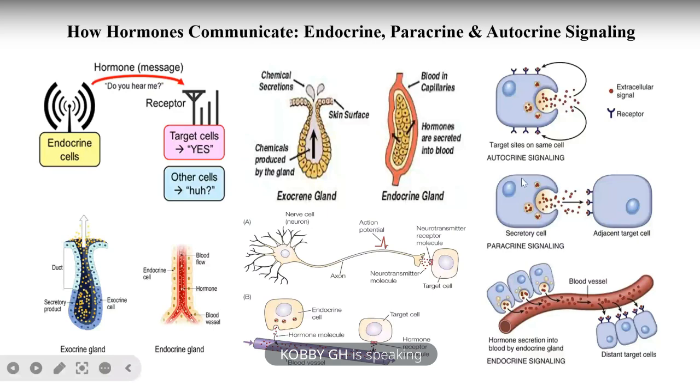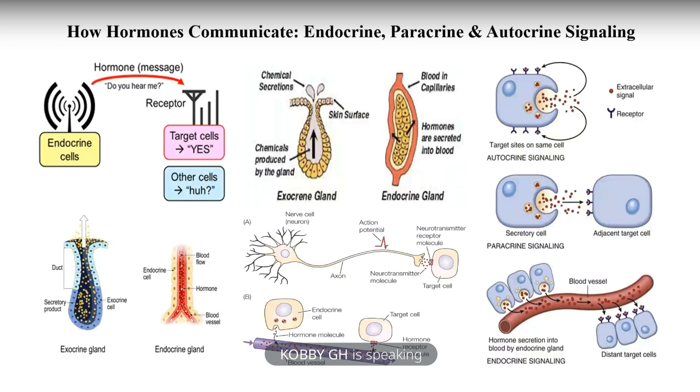No. The receptors are on another gland or another cell. That is what we call paracrine signaling. It simply means that a gland or a cell produces a hormone, and another cell has receptors for that hormone.